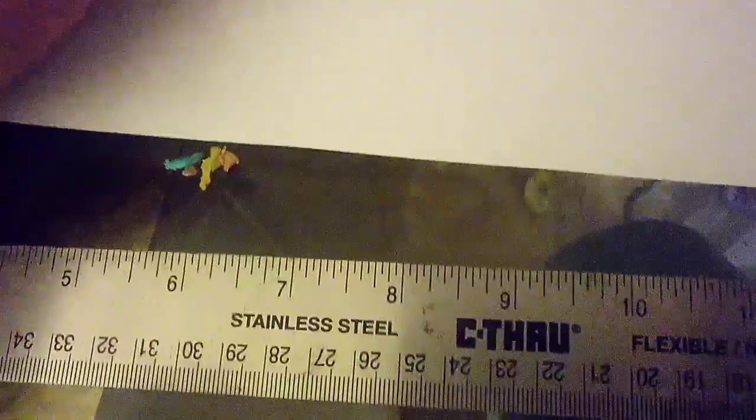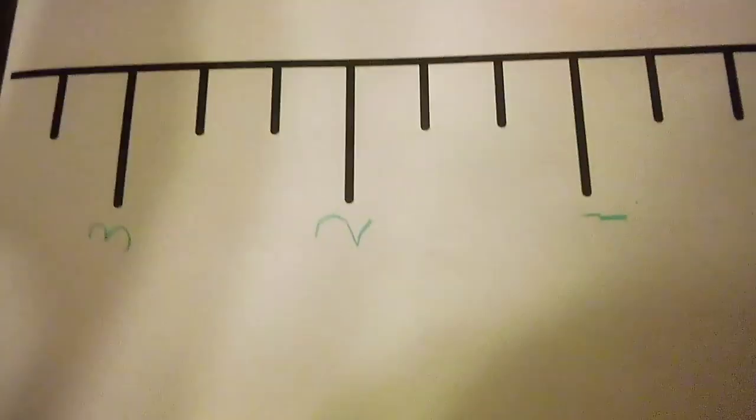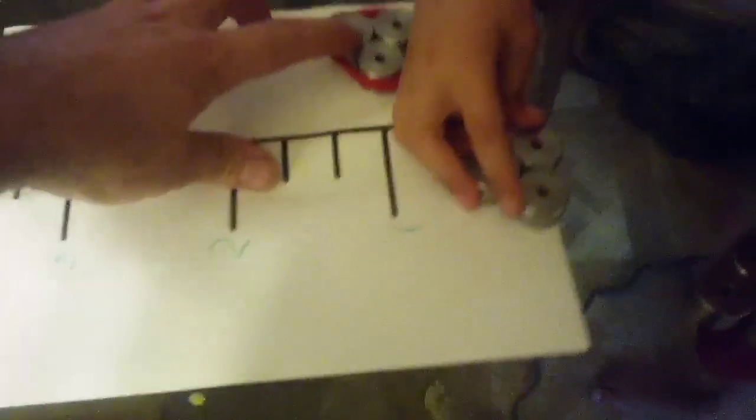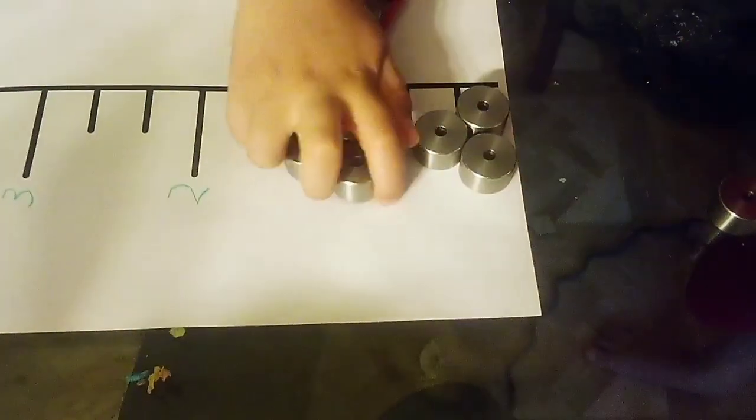Here we go. 1, 2, 3. Okay. So see now, here's our new thing. So let's stack that original thing up and see how many it is now in terms of this unit. So we line it all up in a line.